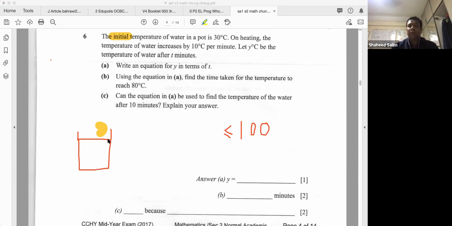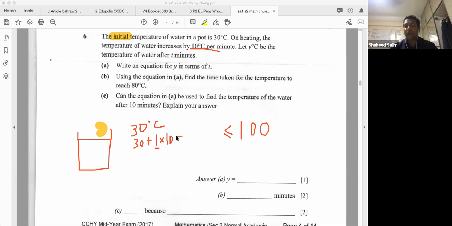Let's say if 0 minutes, the temperature will be 30 degrees, because there's a starting point. In 1 minute, you boil for 1 minute, say 10 degrees increase. So this one will be 30 plus 1 times 10, because this is the time of boiling times 10.